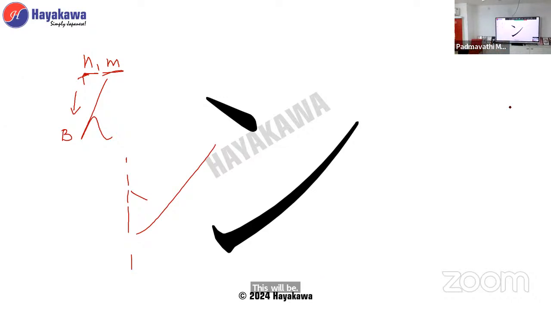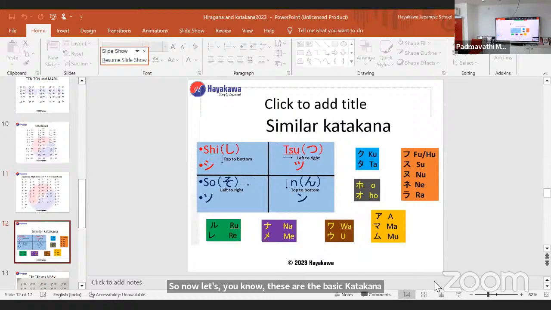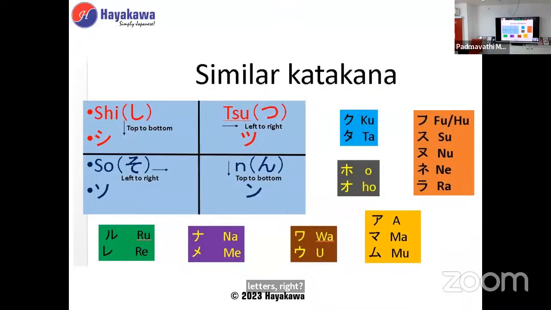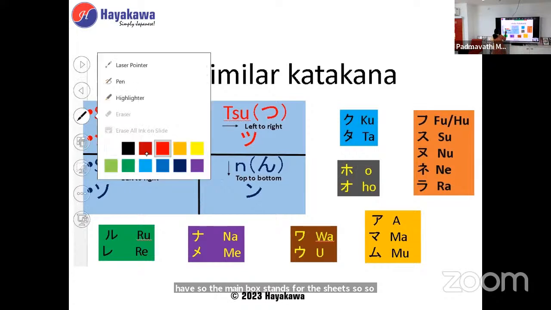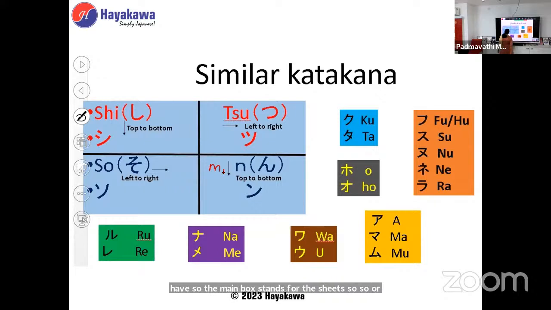So now these are the basic katakana letters. We will see similar katakana letters. The main box stands for shi, tsu, so or n, and you must remember how to compare and guess which letter it is.